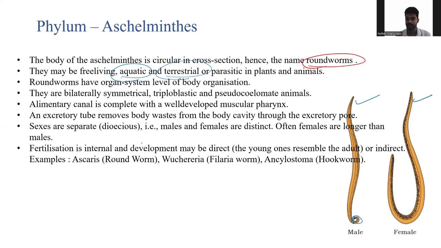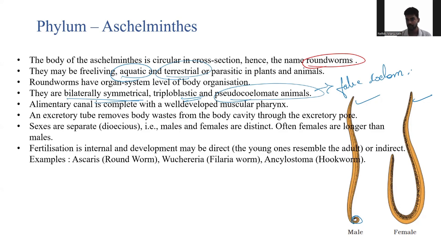In Aschelminthes, it is the organ system level of organization that can be seen, and they are bilateral symmetrical, triploblastic, and pseudocoelomate animals. That means they show a false coelom body cavity, hence they are called pseudocoelomate animals.